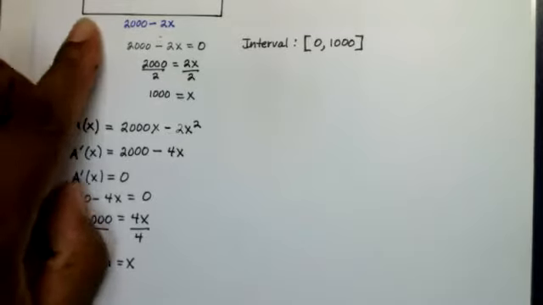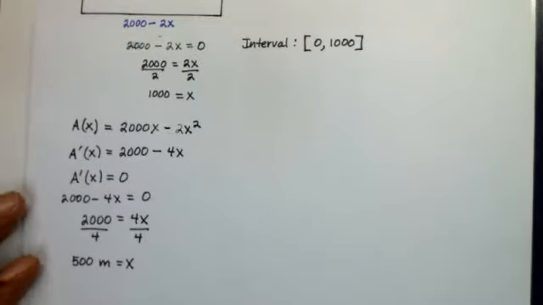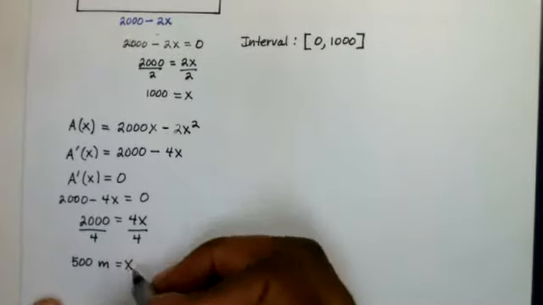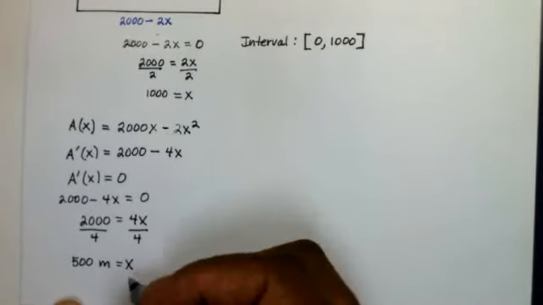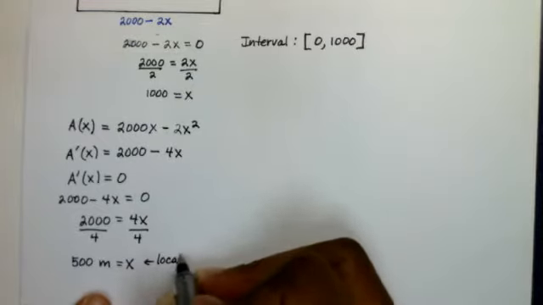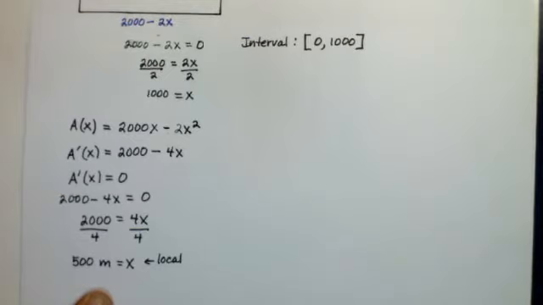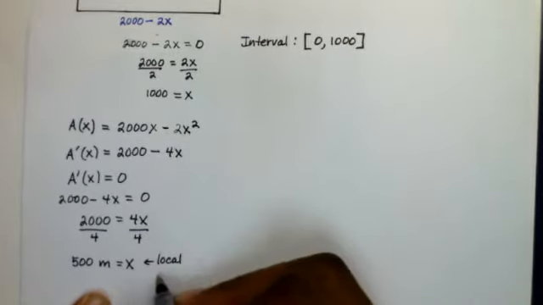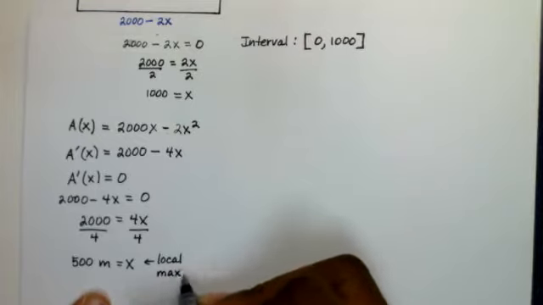So now to find this length here, and by the way, that 500 equal to X, we call that the local maximum. Since we're maximizing, this will have to be your local maximum.